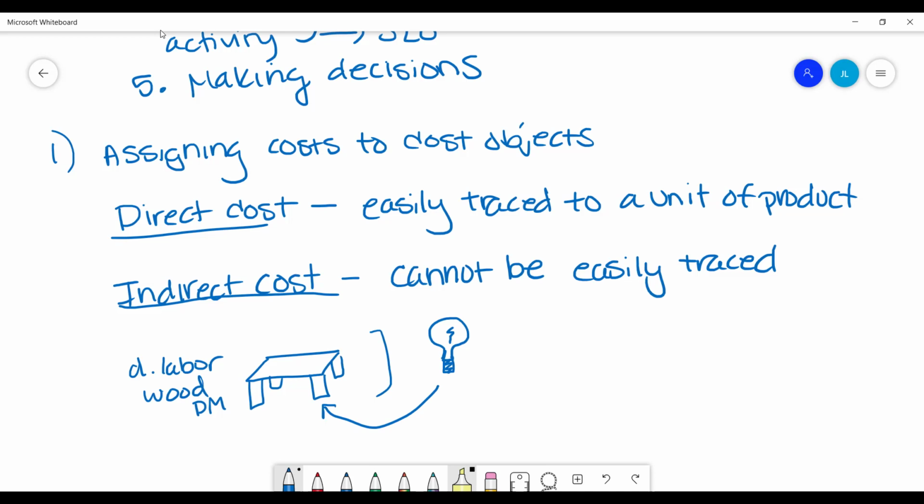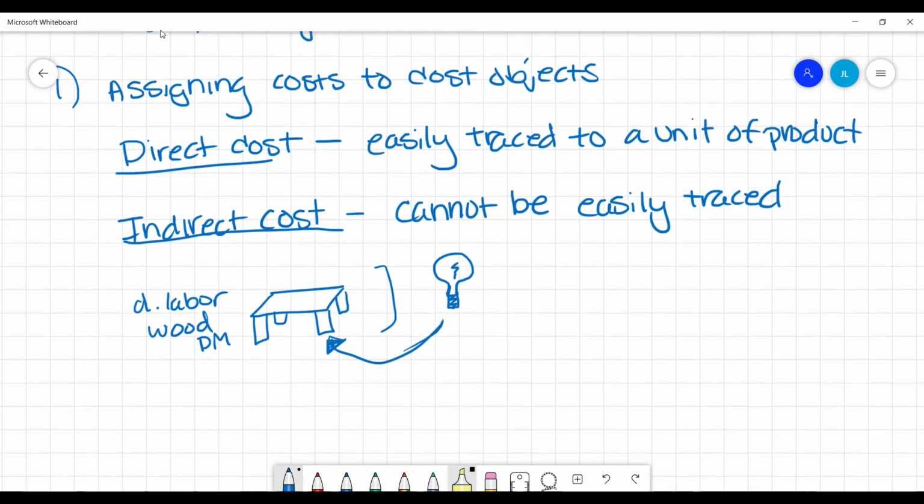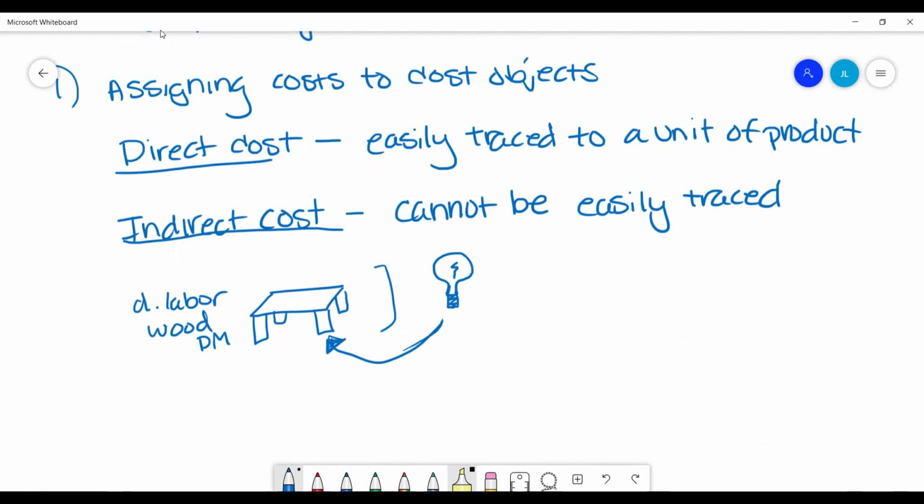So in that sense, we would refer to that as an indirect cost, not a direct cost, because we can't easily and conveniently trace it to that table. If we wanted to even get close to making an estimation, it's going to take so much time that it's not worth it to make those kinds of calculations. So that's the difference between a direct cost and an indirect cost.